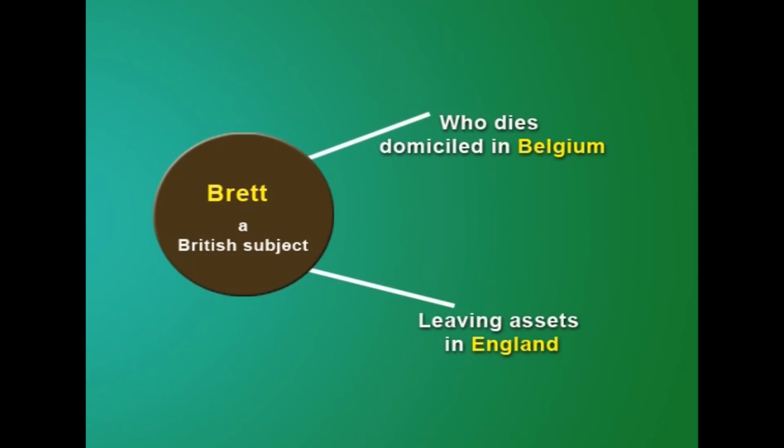A total renvoi occurs where the reference is from A to B and from B to C. For example, a question arises concerning the testamentary dispositions of Brett, a British subject who dies domiciled in Belgium, leaving assets in England.